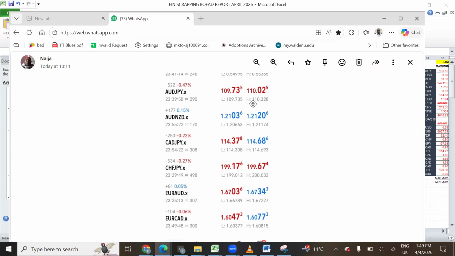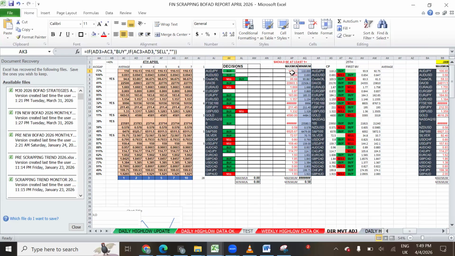So anytime our high, which is 110.3, comes below 110.13, which we have here, then it means that the market will be selling. And then at the end of the day, we are likely to have a sell icon after this buy icon. So that is what that is going to mean.